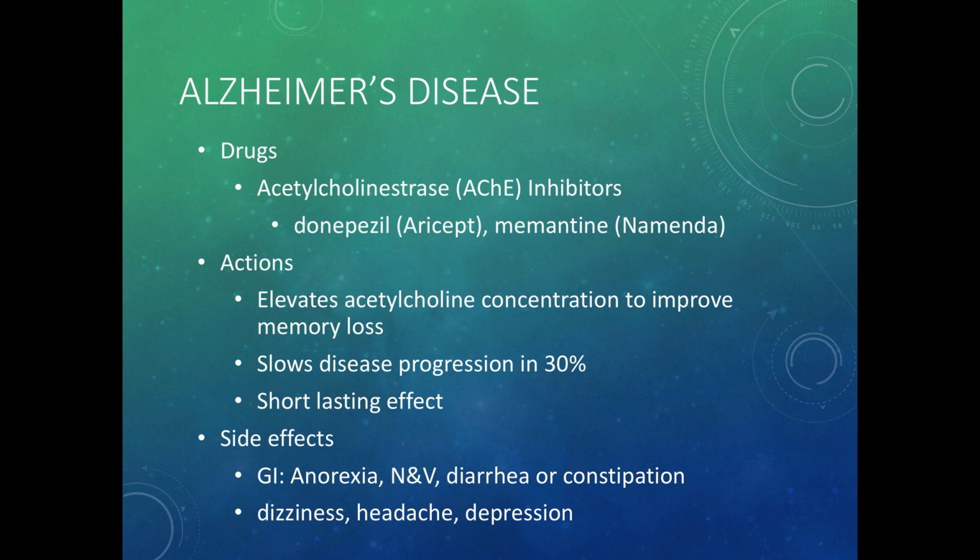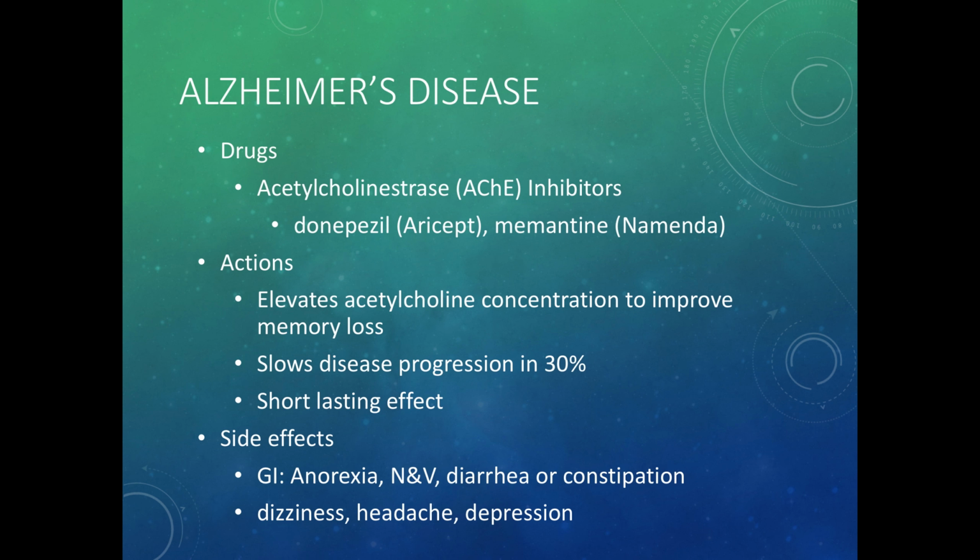In Alzheimer's, of course, we know that it's the acetylcholinesterase inhibitors that are the drugs that are used. One of the key things to make sure we tell patients and their families is that these are not going to reverse the symptoms.